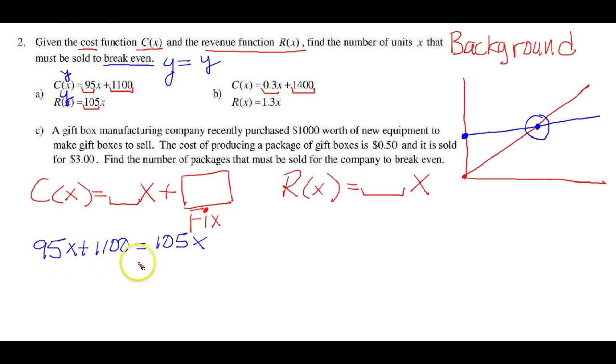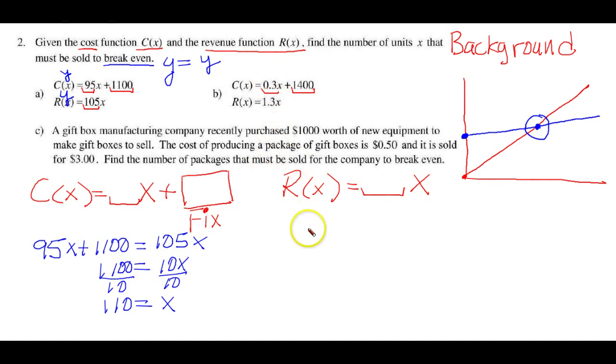To solve, we subtract this from both sides, and we get 10x. Divide both sides by 10, and we get x equals 1100. Well, 110, I should say. Now, what does this number mean? Well, this is the number of units we would have to sell in order to reach this break-even point. And that's what we're showing.